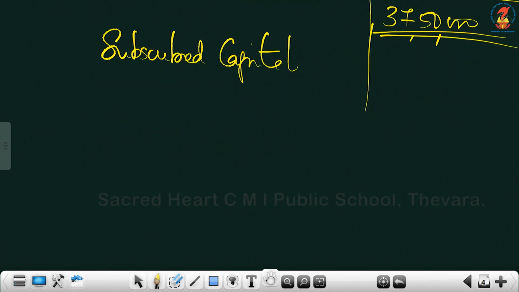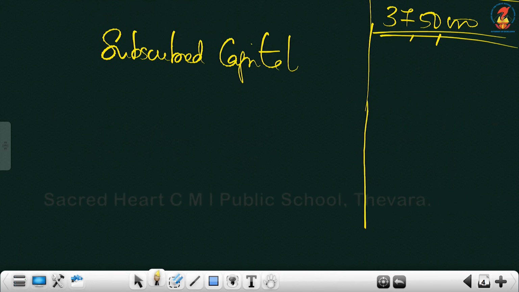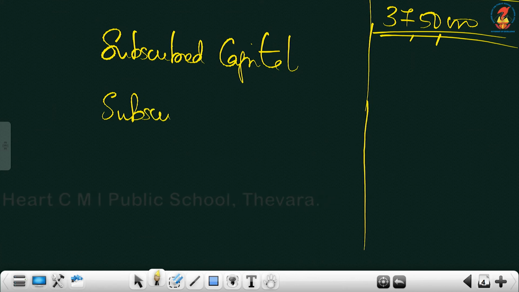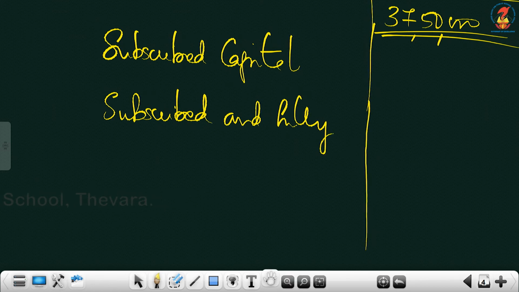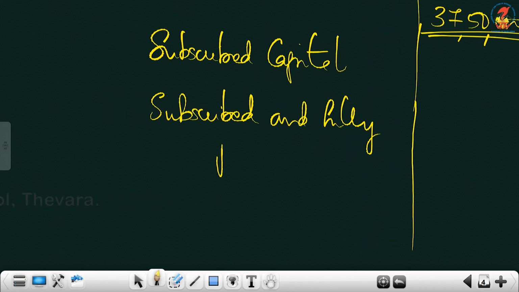because for equity shares it is fully paid up, whereas for preference shares it is not fully paid up. Okay, subscribed and fully paid up. It's for equity shares. How many shares did they subscribe? 2,50,000.